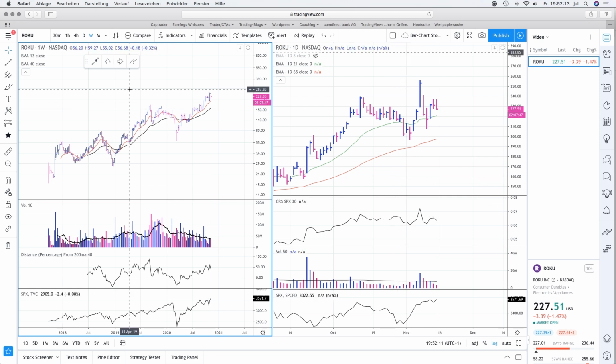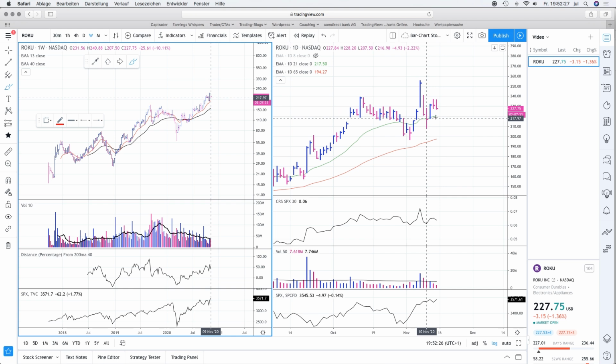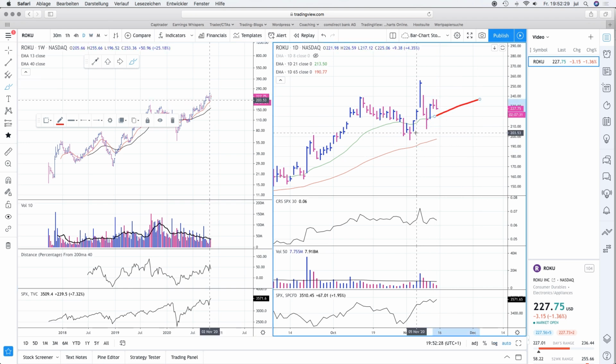So to sum it up, I showed you the entry, I showed you where I add and sold a little bit of my core position. I showed you the research part, and now we looked at the live chart. And again, for me, the most important parts here are the EMA 21 and the low.